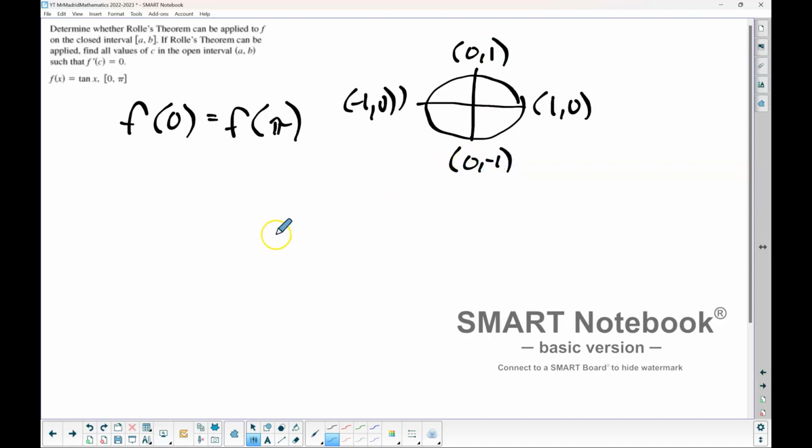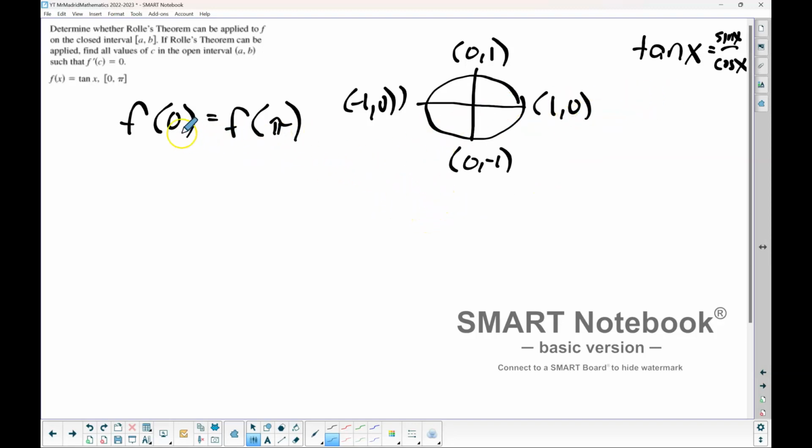All right. So if I was to plug in 0 to tangent, what happens? Well, tangent of x is essentially sine of x over cosine of x.